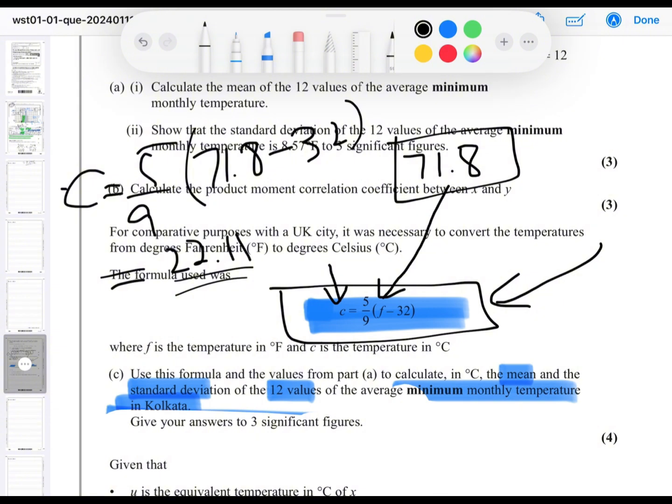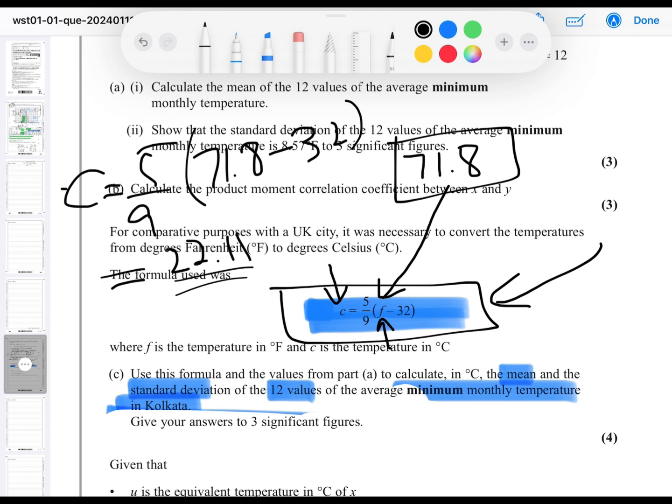Besides this, there is a concept. Whenever we transform the data, from Fahrenheit to centigrade using this formula, the mean is affected. That's why I placed the mean here.